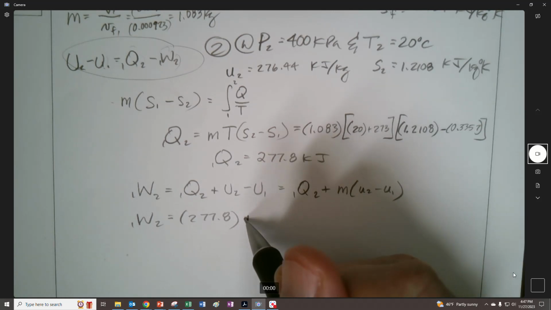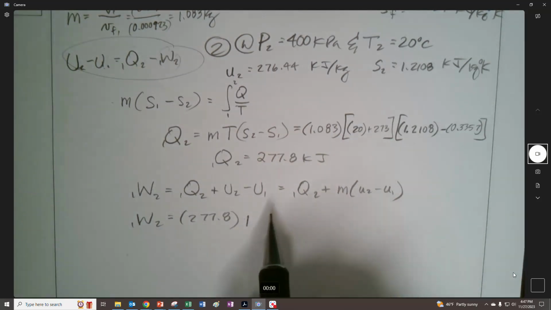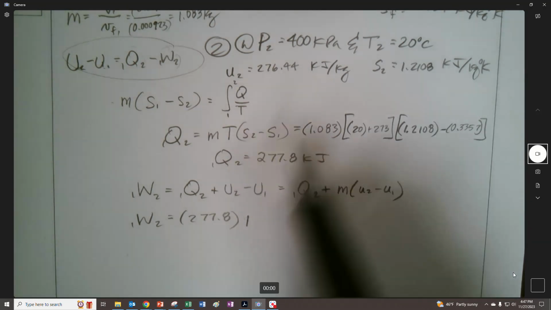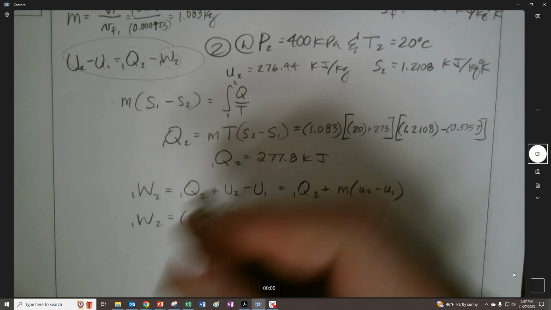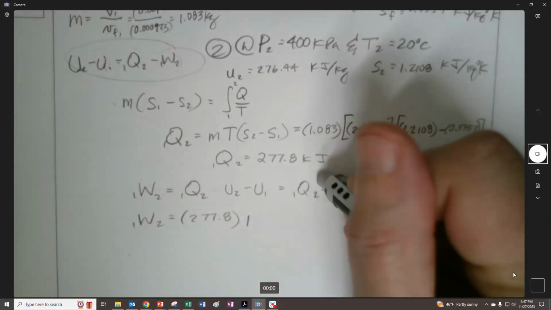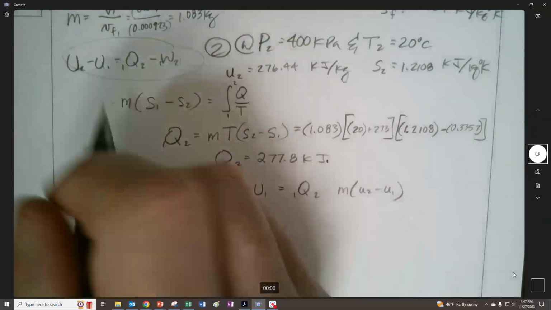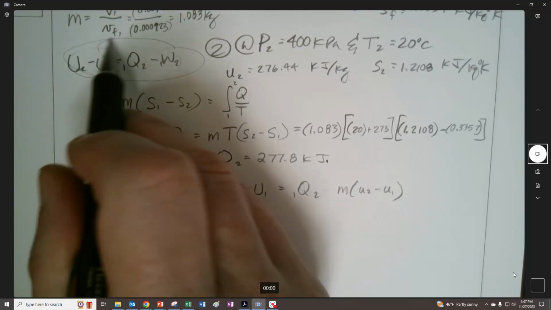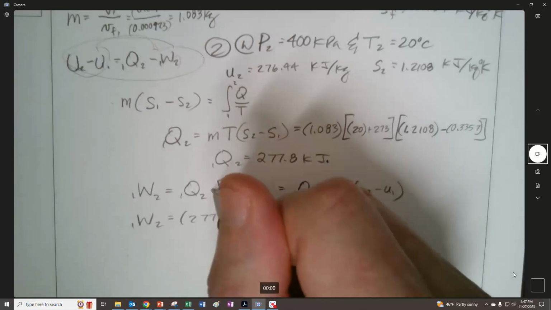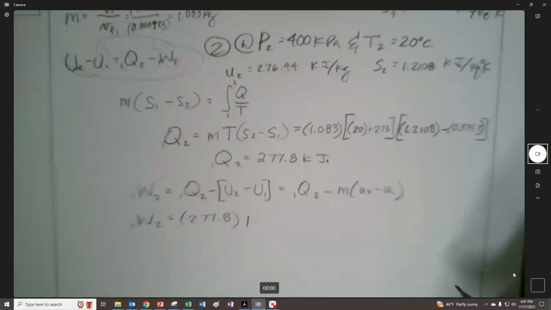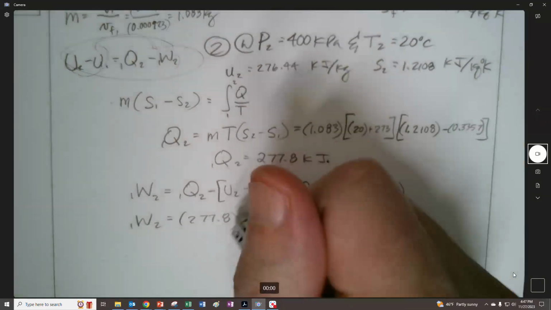Oh wait, I might have got the signs wrong. Sorry, let's be careful here. I did that wrong. This is jumping over onto that side, so that should be minus this right there. So get rid of that plus.